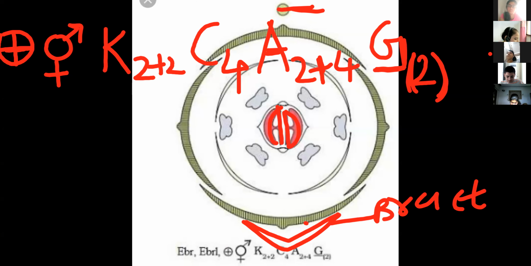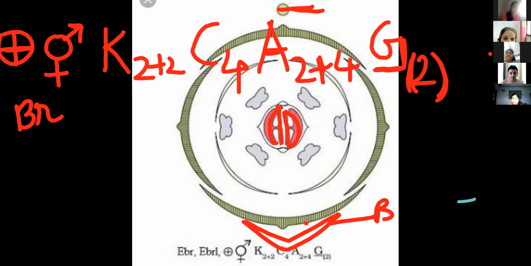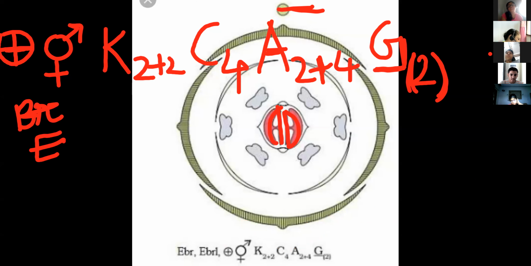If this structure is present, we call it a bracteate flower, and in the formula we have to add this Br. But if this is not present, then we call it ebracteate, so EBr. Clear?